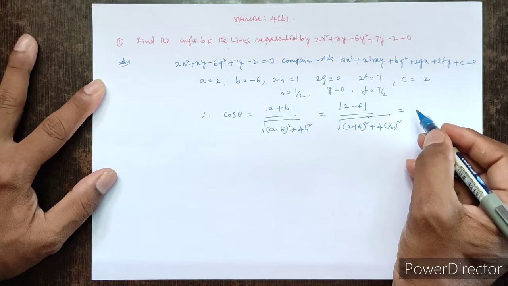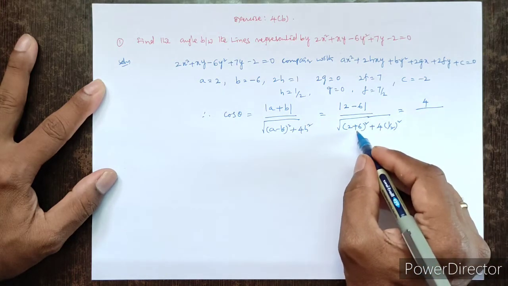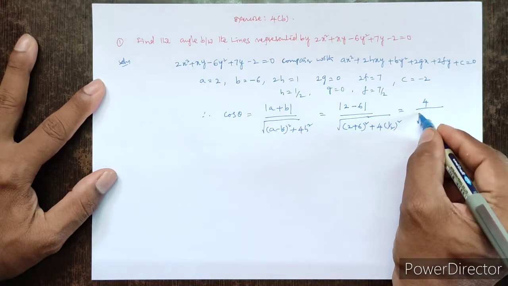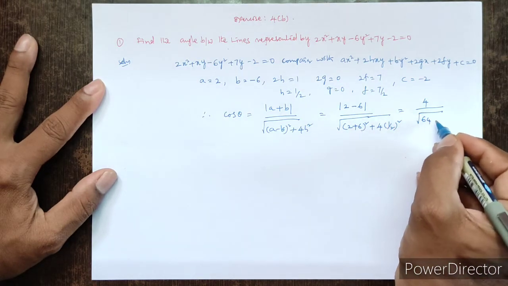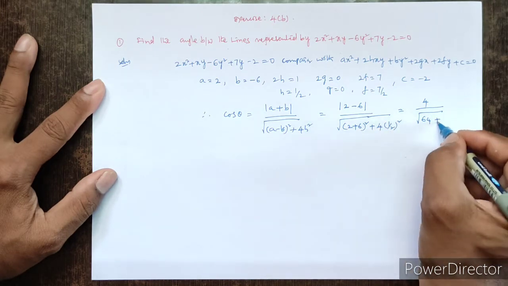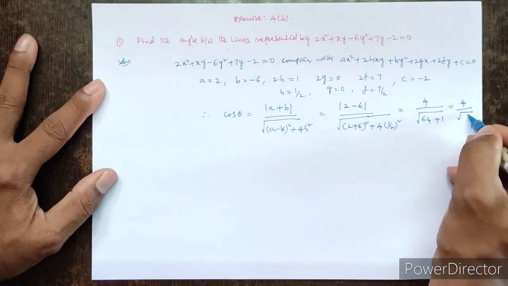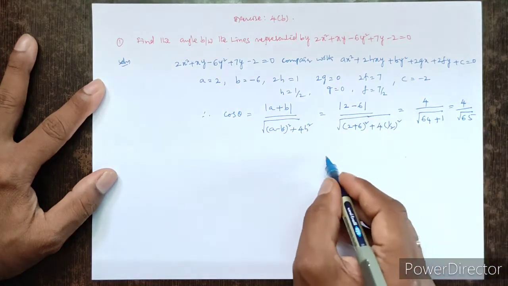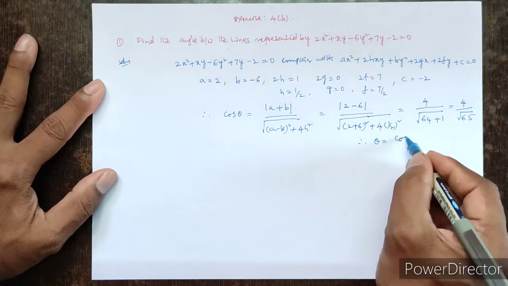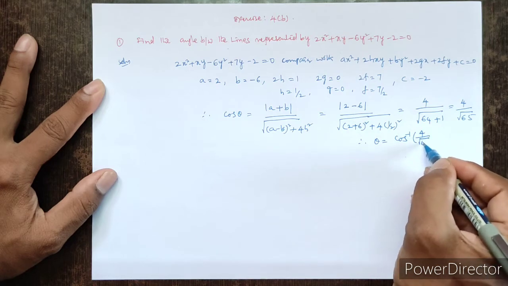That equals 4 by, 2 plus 6 is 8, 8 square equals 64. This is 1 by 4, the 4s get cancelled, then 1. So that equals 4 by root 65. Therefore theta equals cos inverse of 4 by root 65 is the answer.